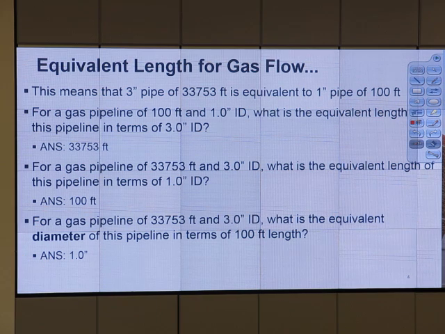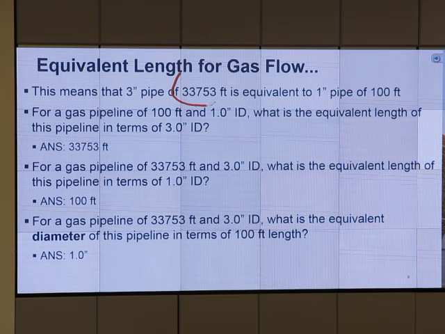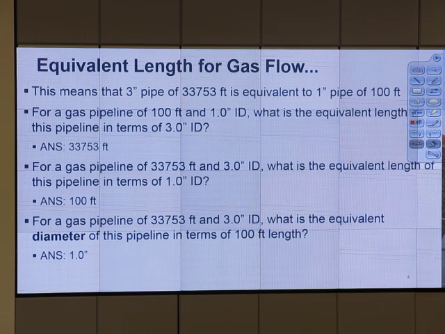So 33,753 feet of 3 inch pipe gives the same pressure drop as in the case of the 1 inch pipe. So we can say a 3 inch pipe of that length is equivalent to a 1 inch pipe with 100 feet. Okay? They are equivalent to each other.